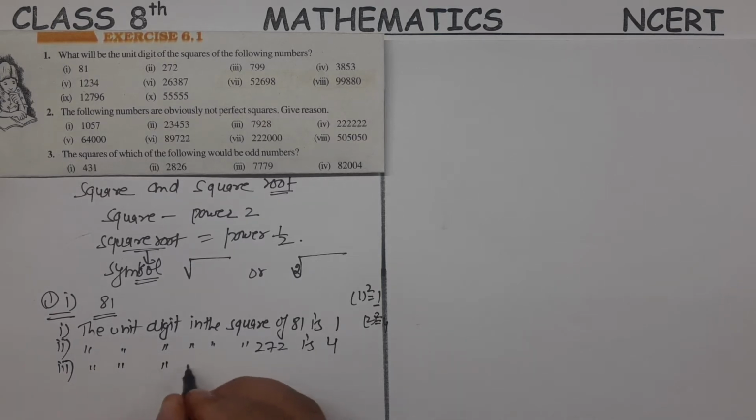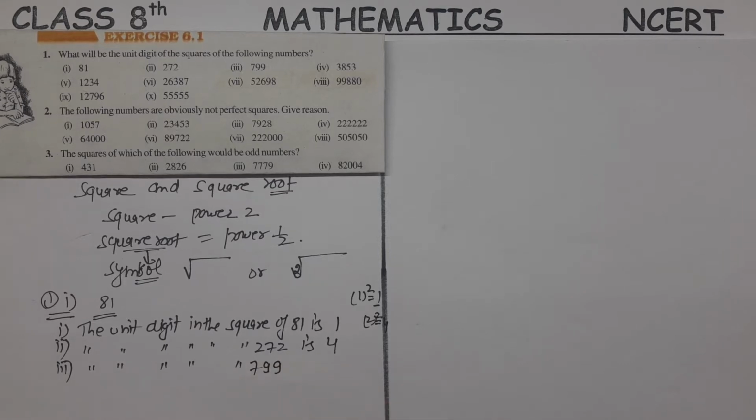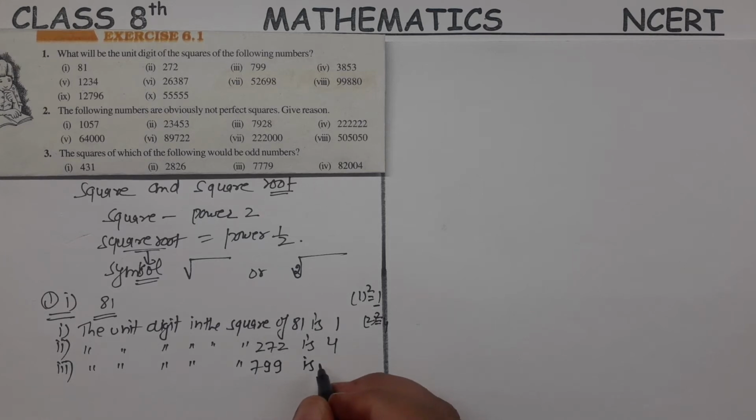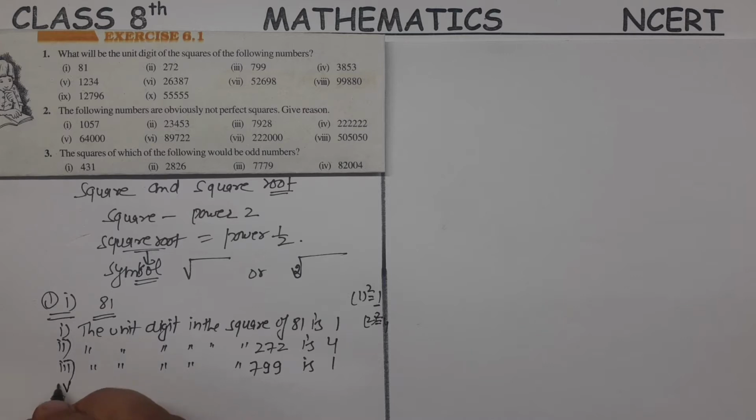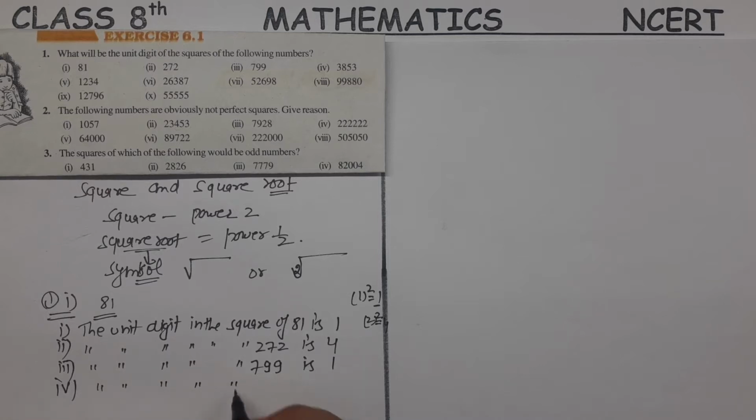Then unit digit in the square of 799 is 9 9s are 81. Unit digit is 1. Part 4th, unit digit in the square of 3853 is 3 3s are 9.